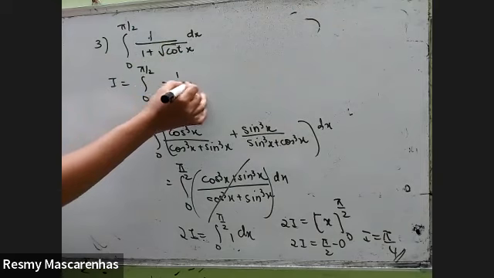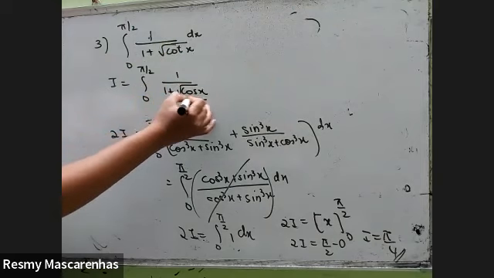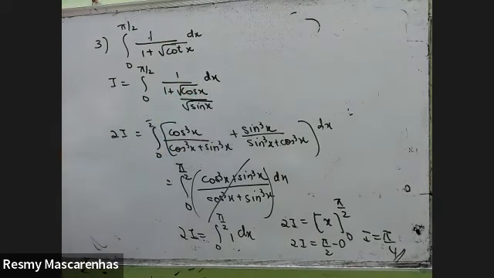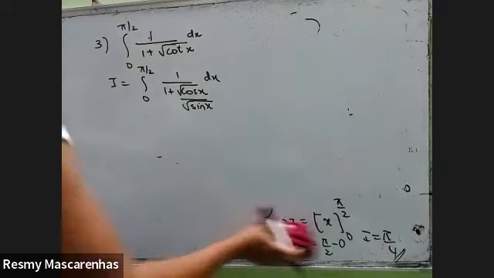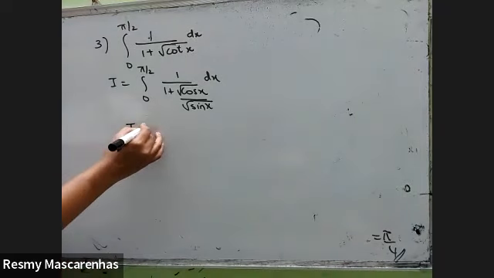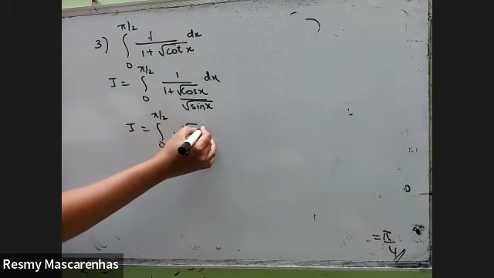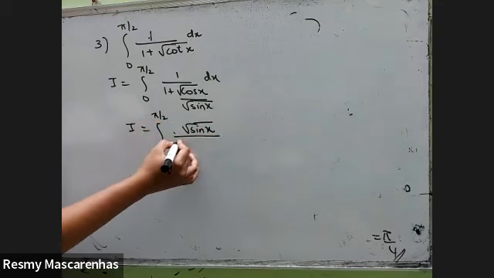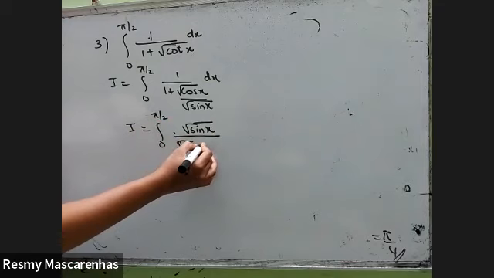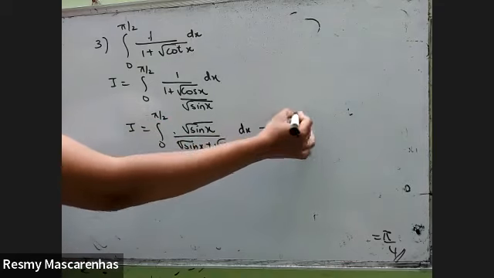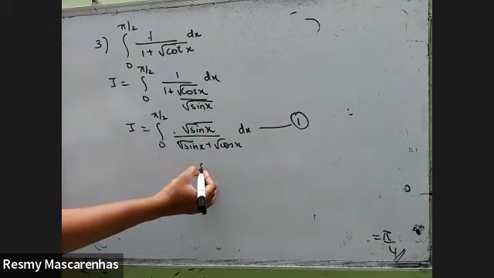This will be root cos x upon root sin x. And then cross multiply. We'll end up getting like this. Mark this as equation 1. Then use the property.